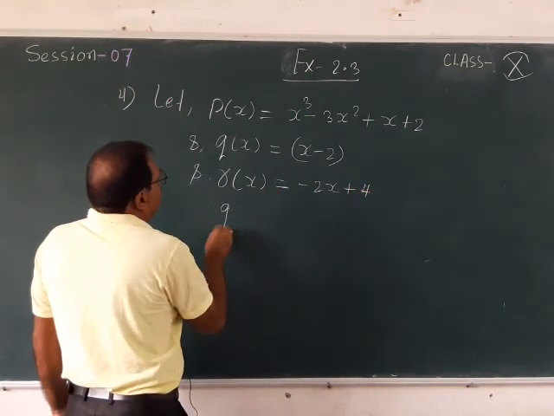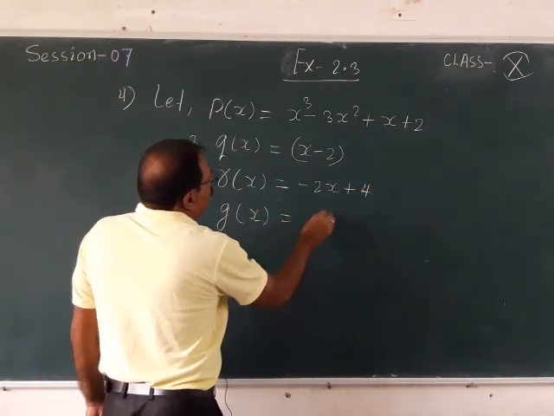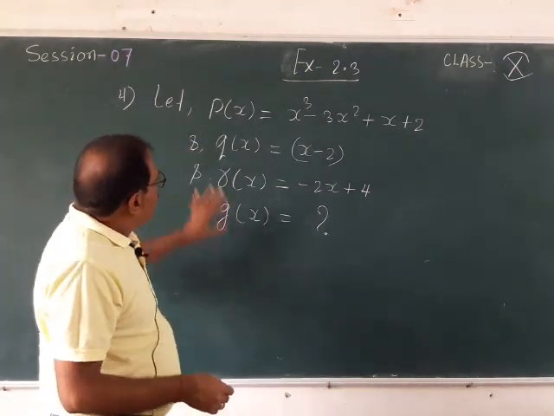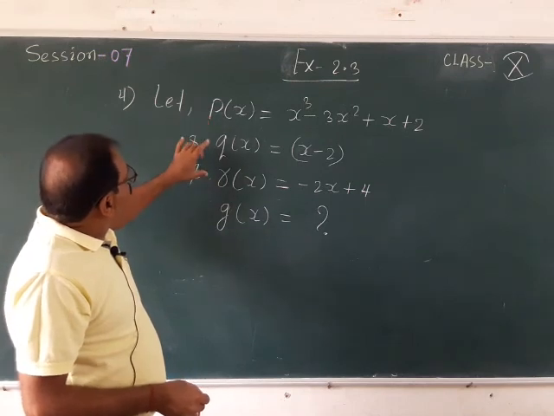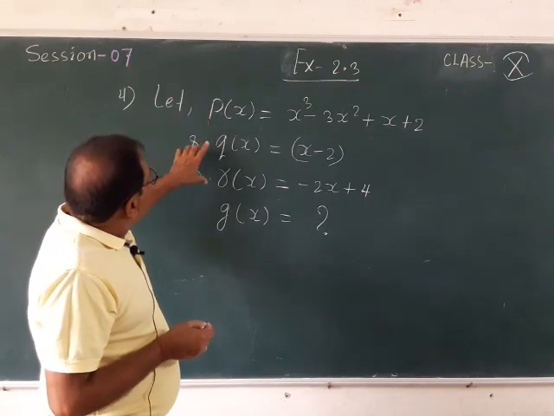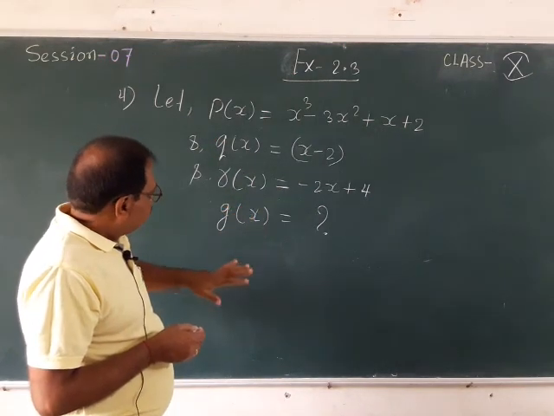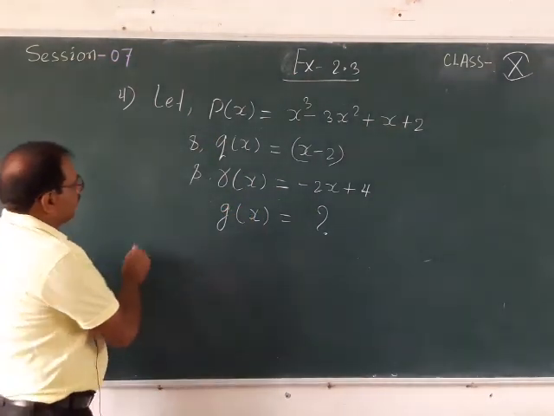Then you need to find g(x). Here g(x) equals what? As you know, p(x) equals g(x) into q(x) plus r(x). So let me write this relation.